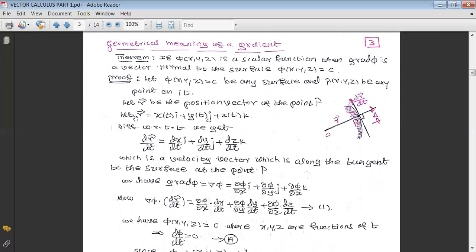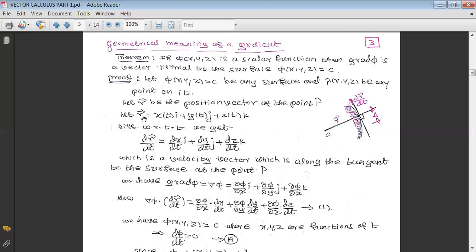And let us write r bar as x of t into i plus y of t into j plus z of t into k, since point P is a function of the time t. As time changes, the position of the point changes accordingly. That position vector also keeps changing. That's why this position vector is a function of t.